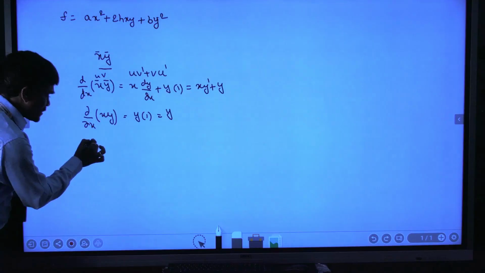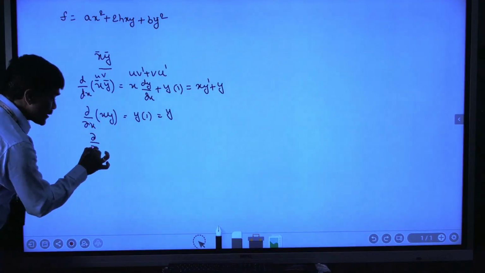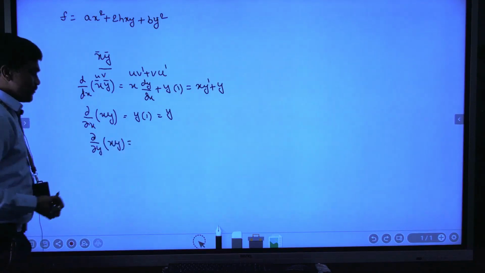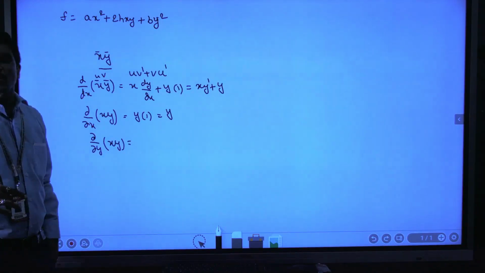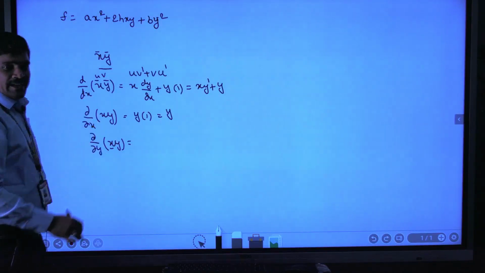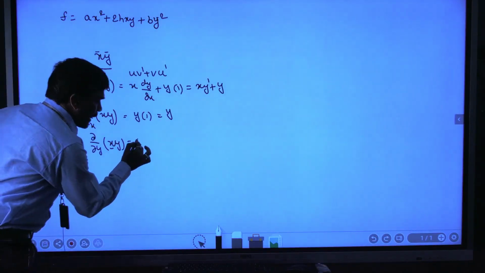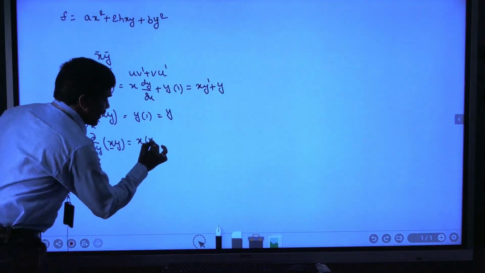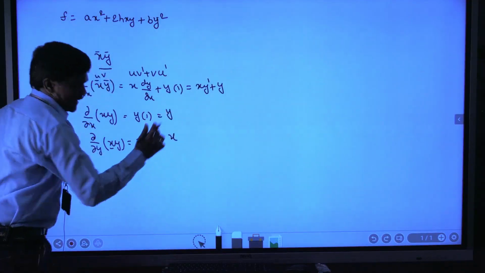Next, the partial derivative with respect to y for the same function xy. Here, with respect to y, what is the constant? The constant is x, so x stays as it is. Now the derivative of y is 1, so we get x.